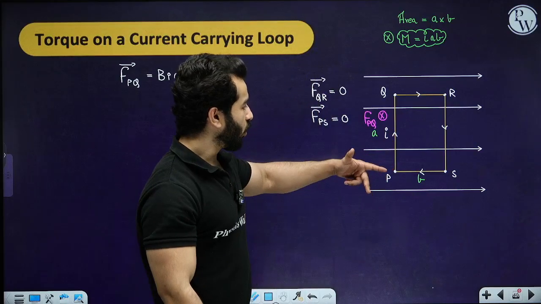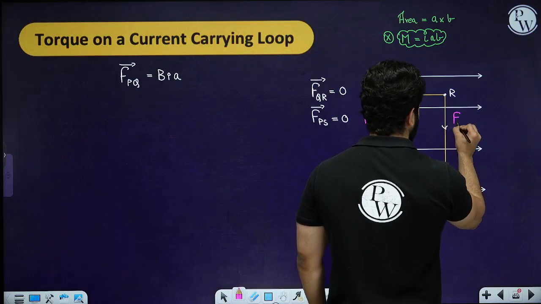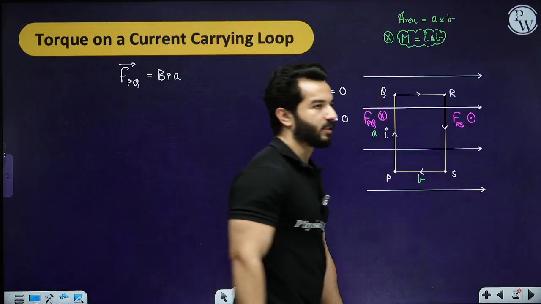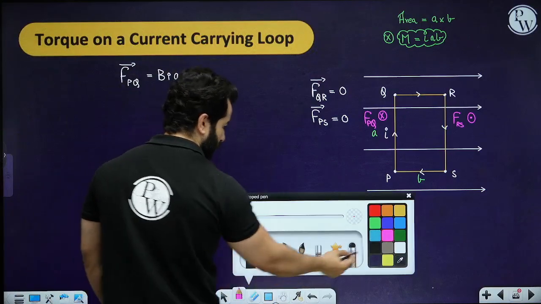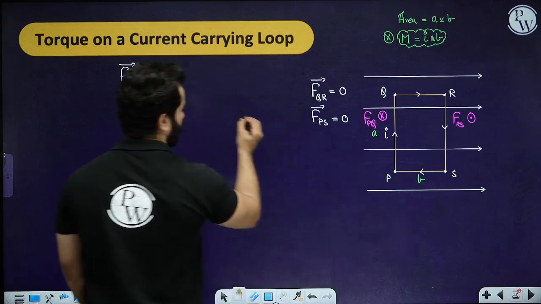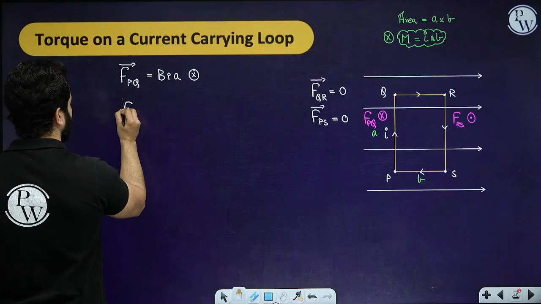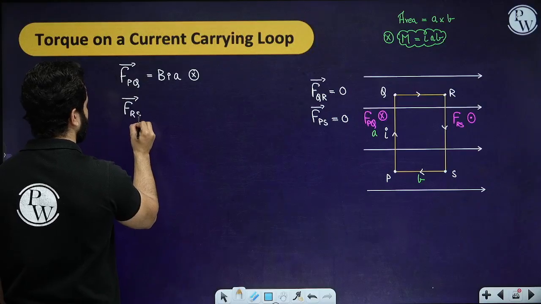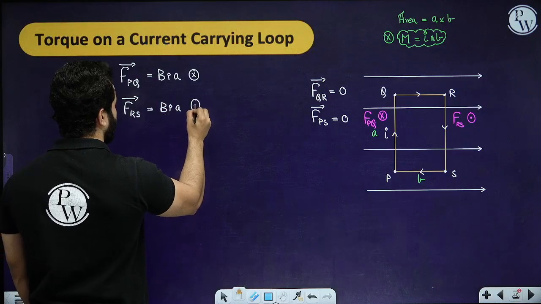By the way, on RS, force will be outwards, something like this. So this is going to be cross, this is going to be RS, so this will be BIA, this will be dot.